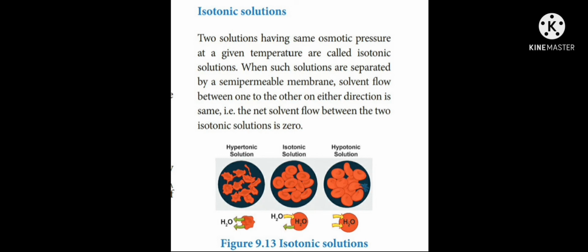That is, the net solvent flow between the two isotonic solutions is 0. Here we have two more types of solutions, namely hypotonic and hypertonic. If the solution is too dilute, it is said to be hypotonic. If the solution is too concentrated, it is said to be hypertonic.